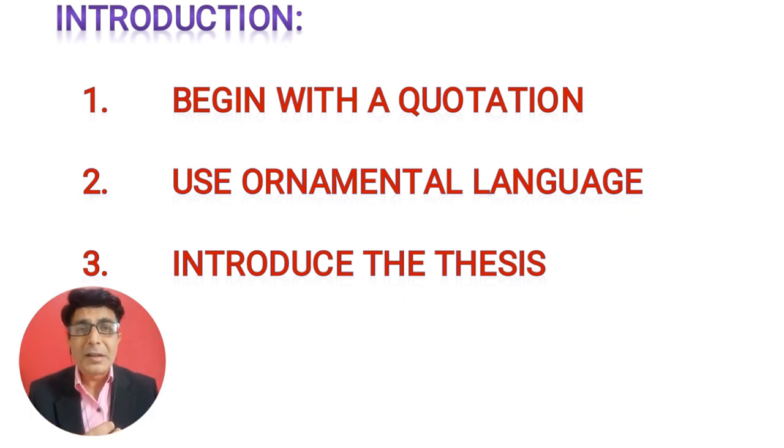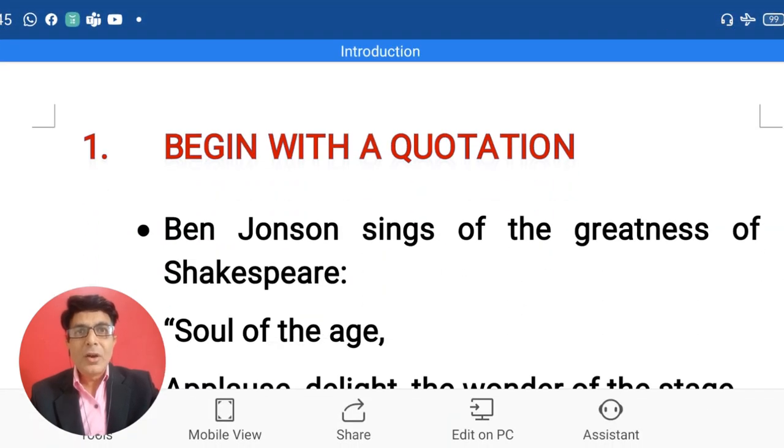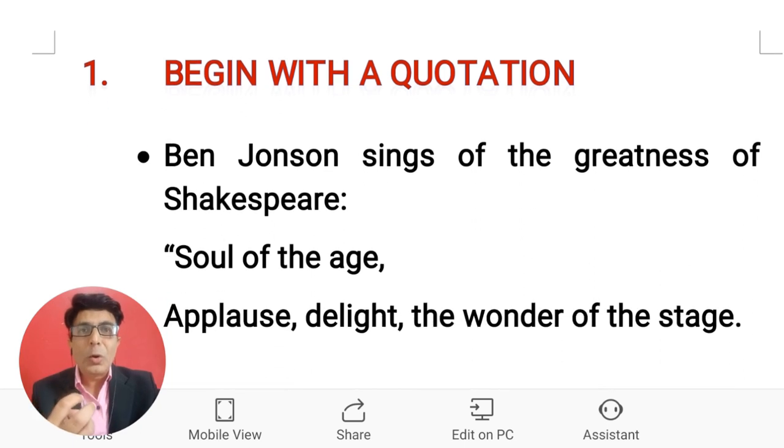Friends, ornamental means you can try to use some figures of speech, some poetic devices in your own language while writing your answer, because that wins the attention of the examiners. And number three, always in your first paragraph, you need to introduce the main topic or the main thesis of the discussion. Let's see all these three things in detail, how you can include all these three things.